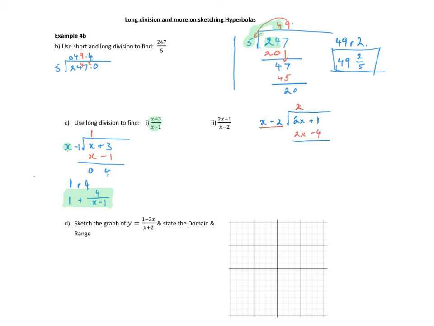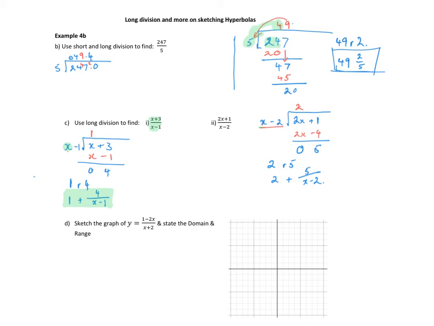Let's subtract off. 2x minus 2x is 0. And if you've done it right, you'll always eliminate that leading term. 1 minus minus 4 is 1 plus 4, which is 5. So again, in this case, my answer is 2, remainder 5, which can be written as 2 plus 5 over x minus 2, as 5 is yet to be divided by x minus 2.